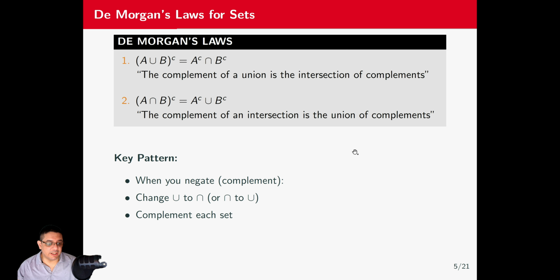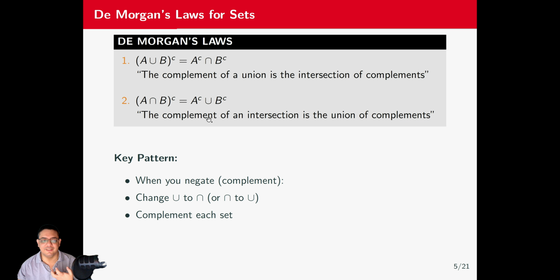Now, when you negate a complement, you're changing unions for intersections or intersections for unions, and of course we take the complement of each set. This is very similar to De Morgan's laws in logic, where we're negating a proposition, and so it flips the and and the or. If you're curious, intersection is and, and union is or.